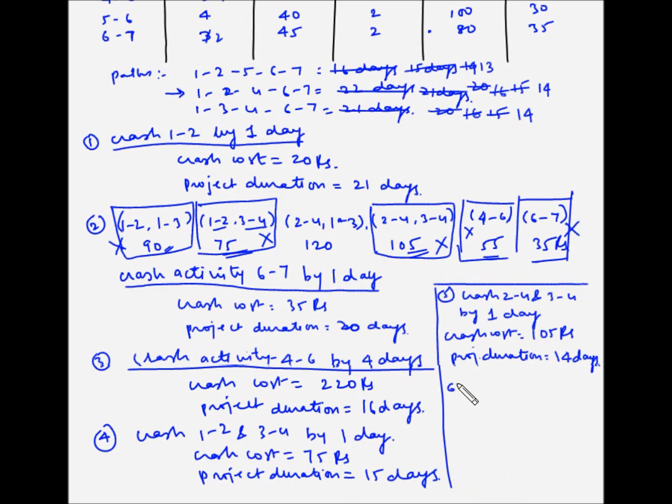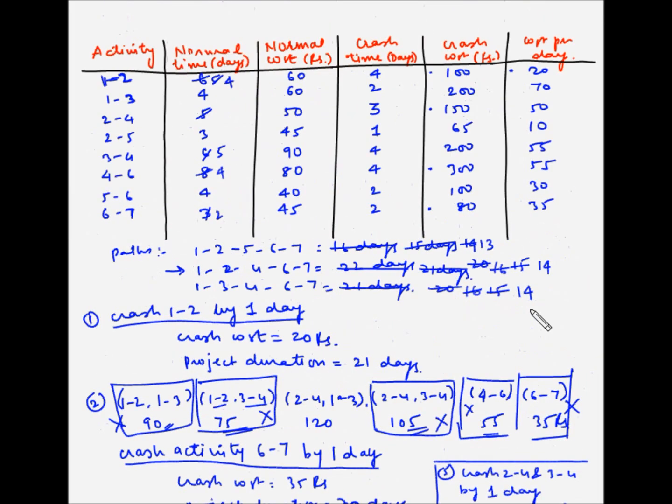So sixth is crash 2-4 and 1-3 by 1 day. So the crash cost is equal to 120 rupees and the project duration will be equal to 13 days.